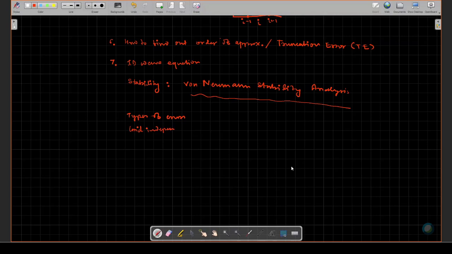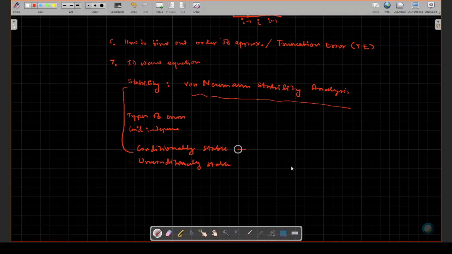Then the stability criteria: we said conditionally stable or unconditionally stable, such kinds of things we have seen.